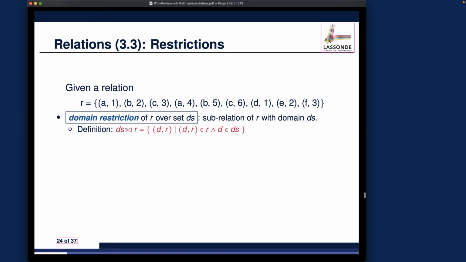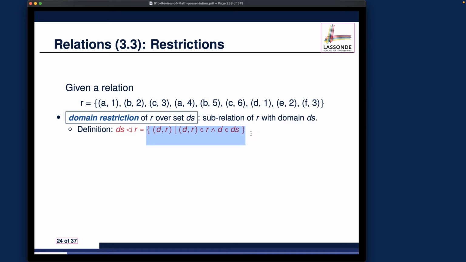You can think about the triangle over here as pointing to the domain direction, right? Remember, domain is on the left, range is on the right, and then we are saying that R is going to be domain restricted to ds over here. The result is going to be a set of order pairs.